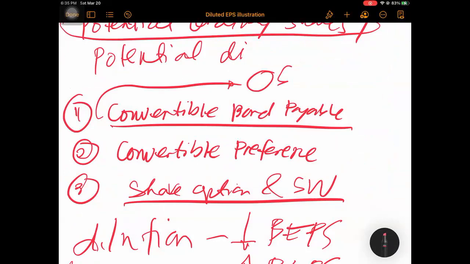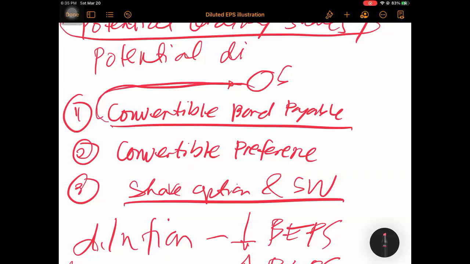Okay, because dili man at all times, di ba, ma-convert ang mga convertible bonds payable. What if wala gi-exercise sa issuer or wala gi-exercise sa holder sa bonds? Okay, so pero in computing the diluted earnings per share, we use the as-if scenario. So we assume that this convertible bond is converted into ordinary shares.